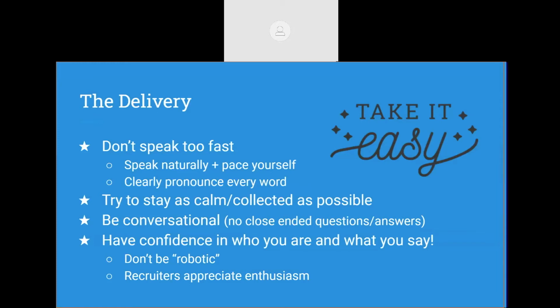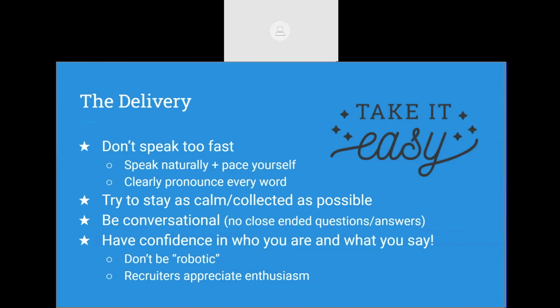And overall, and this is the biggest point out of any sell or any delivery of anything, is just have confidence in who you are and what you have to say. As a candidate, you want to make sure that you are the best person for the job, that you are advertising yourself in the most positive light, and that you're treating yourself as fairly as possible, because you have just as much of a chance at any job as anyone else does.